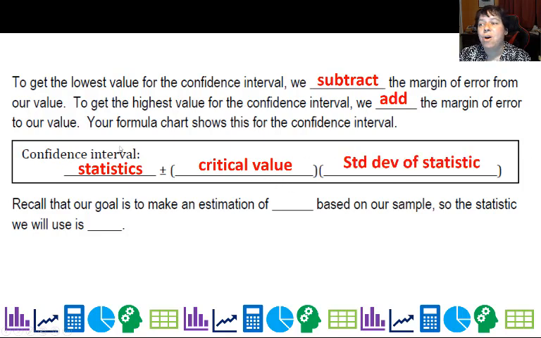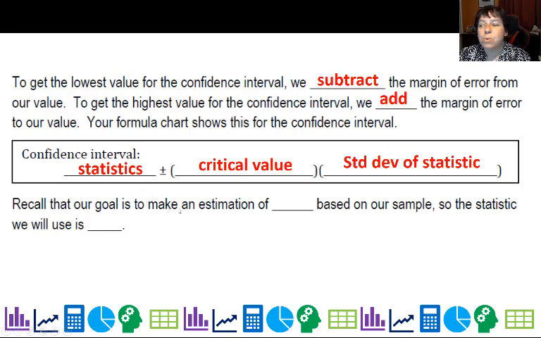So that's actually on your math chart, but it doesn't have symbols. Why is that? Because we're not just doing this type of interval, we're doing other intervals, and the statistic might be different. It might not be a proportion, it might be a mean. And we will get into that in another unit.